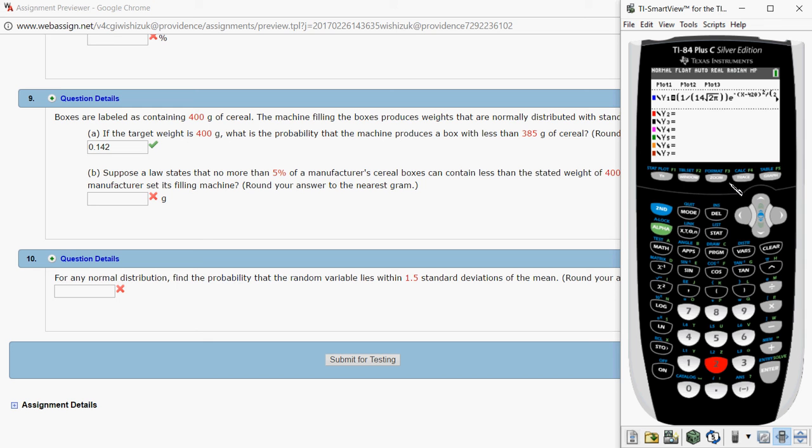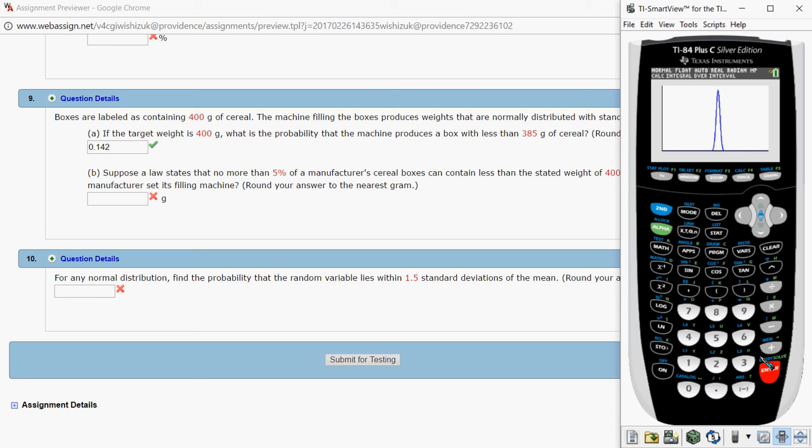Then I do second calc and option 7, from 0 to 400, and hit enter.